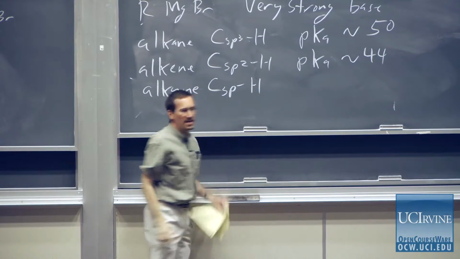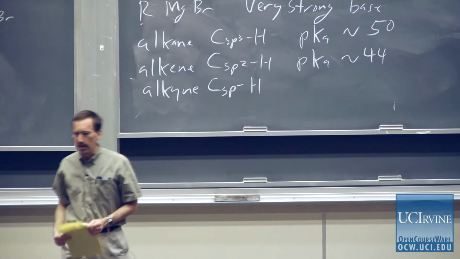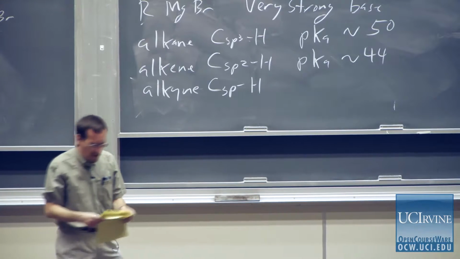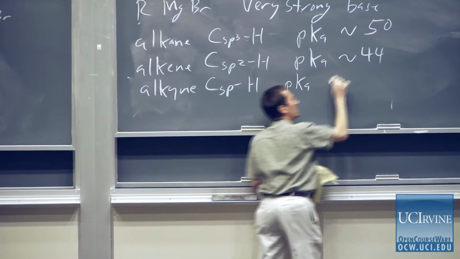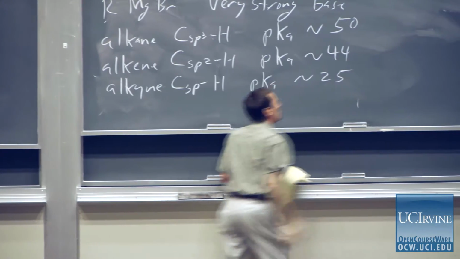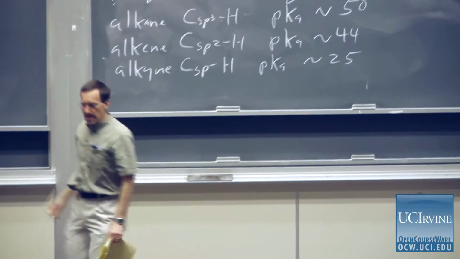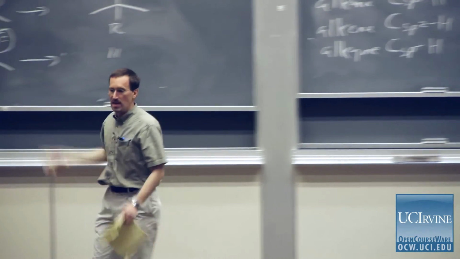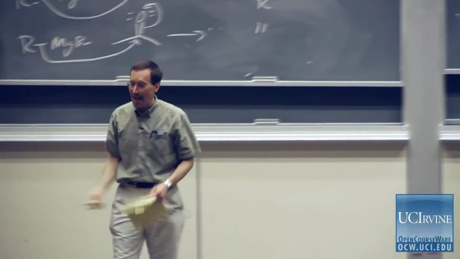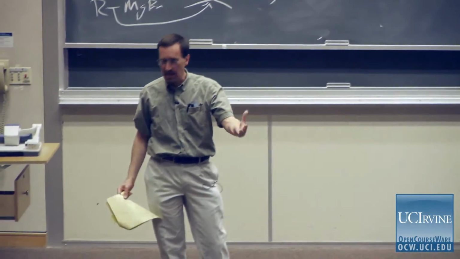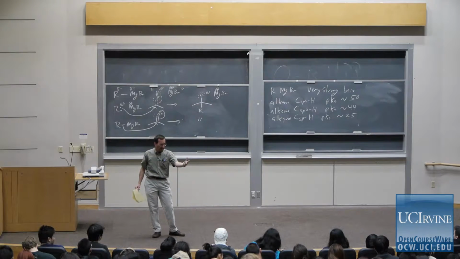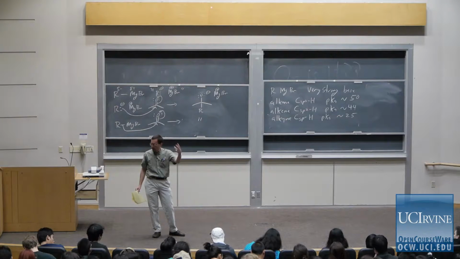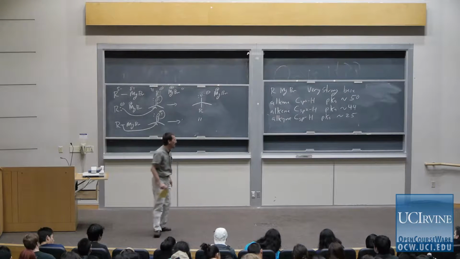Now, by the time you get to an alkyne, now you've got 50% s character in your CH bond. And now these are reasonably acidic. They're still very weak acids. Your pKa is only 25. That's really, really, really weak still. It's not even like water, which you think about as an acid forming hydroxide anion. It's still a very weak acid, or alcohol giving up a proton and forming an alkoxide anion.